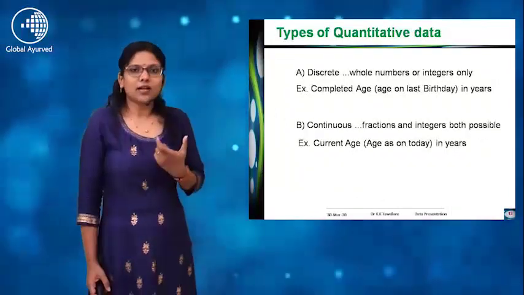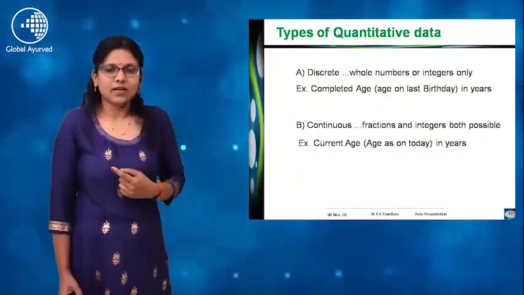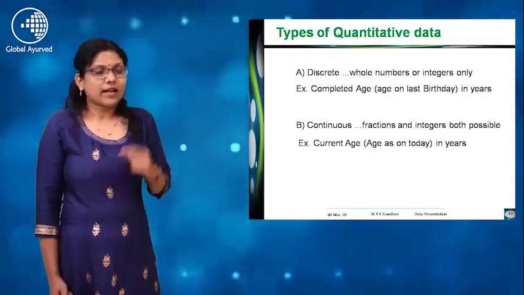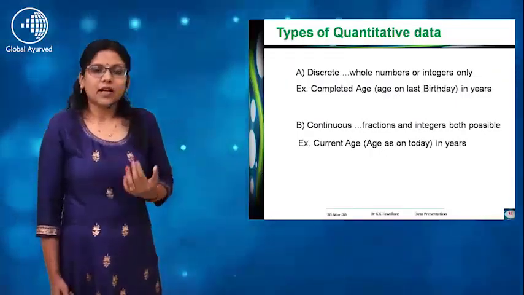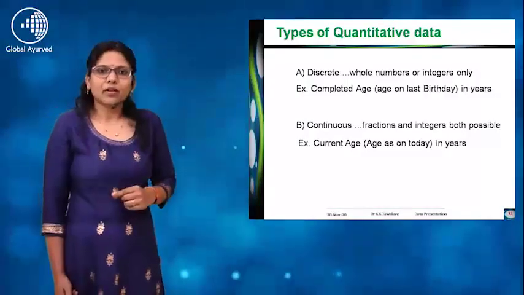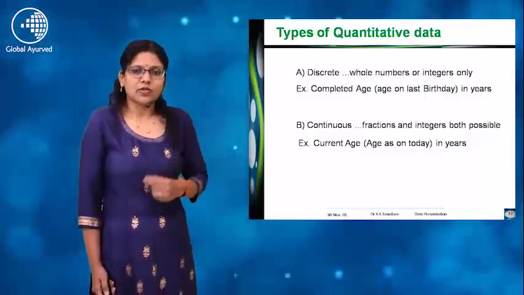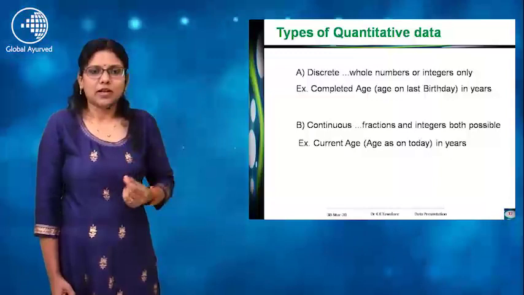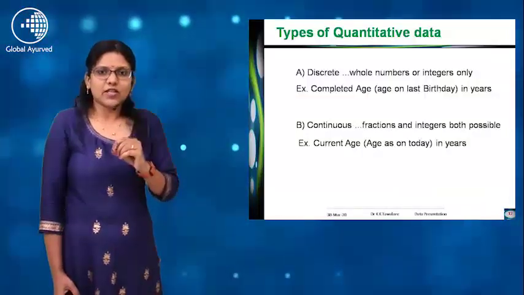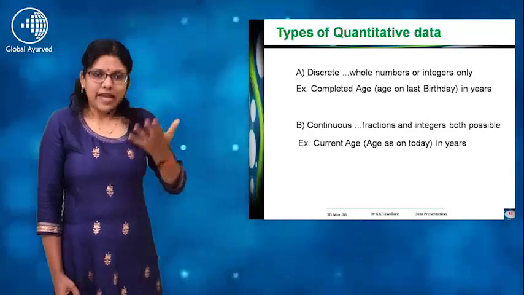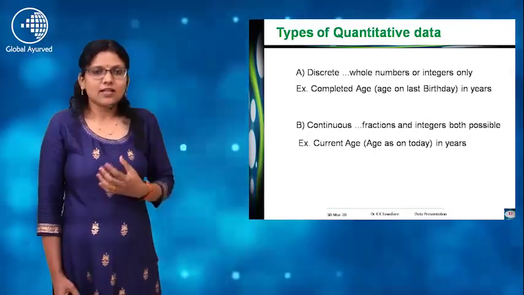Quantitative data types: first is discrete, meaning whole numbers or whole integers, and continuous means the data obtained in fractions or integers. The best example for discrete and continuous data is the complete age in years, meaning your age on your last birthday is your complete age.